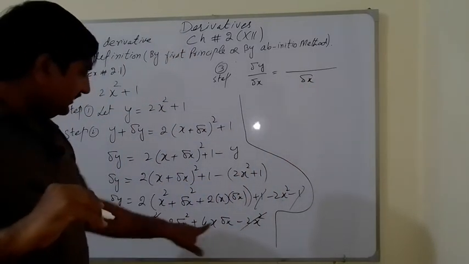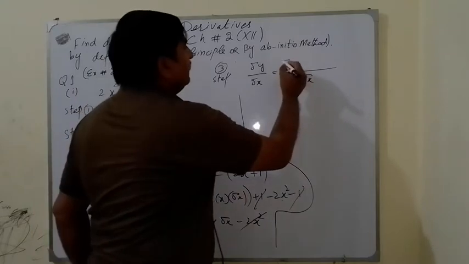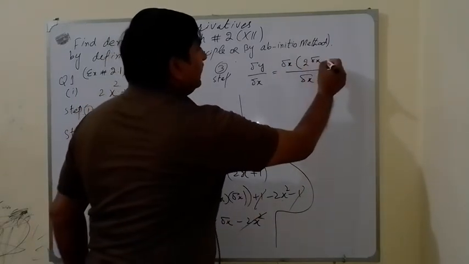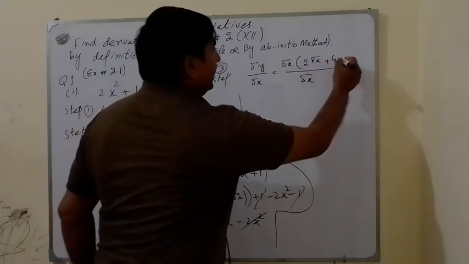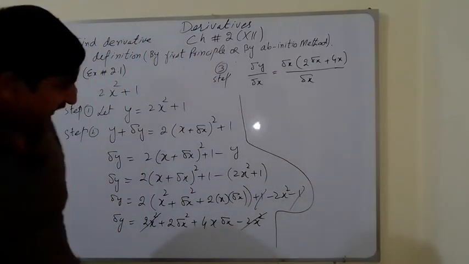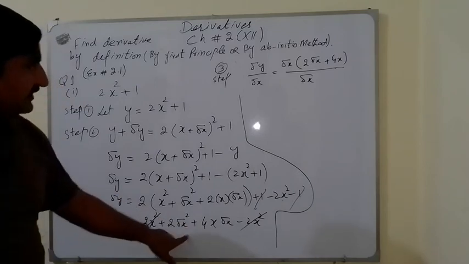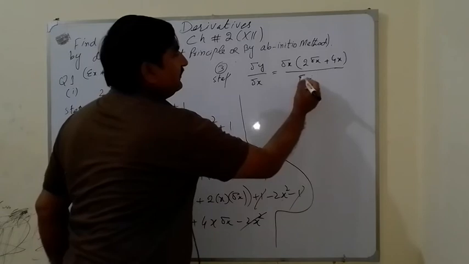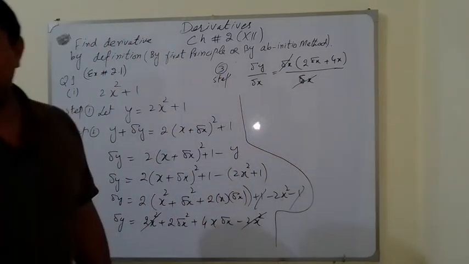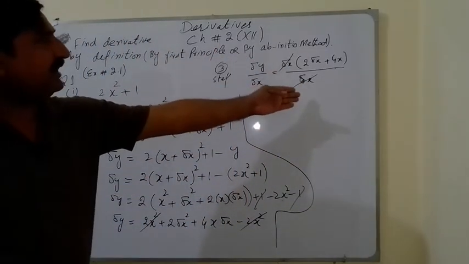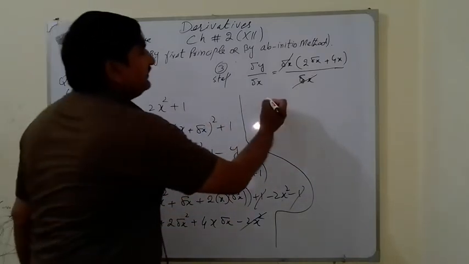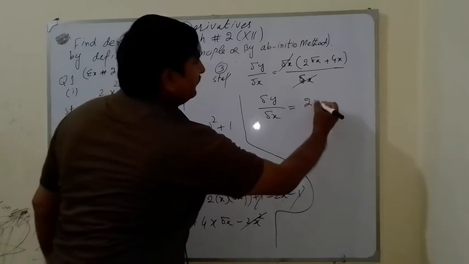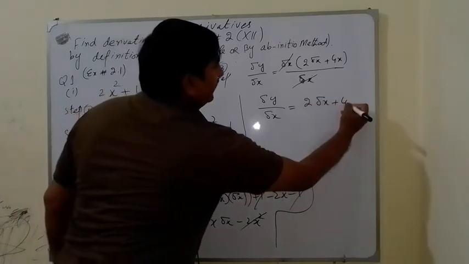By taking delta x common from these two terms, we have delta x, and within a bracket it becomes 2 del x plus 4x. You can see that the del x in the denominator and the del x in the numerator are the same, so del x divided by del x will be cancelled out, and we are left with del y over del x equal to 2 del x plus 4x.